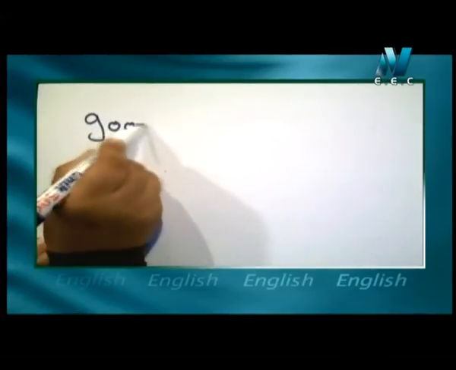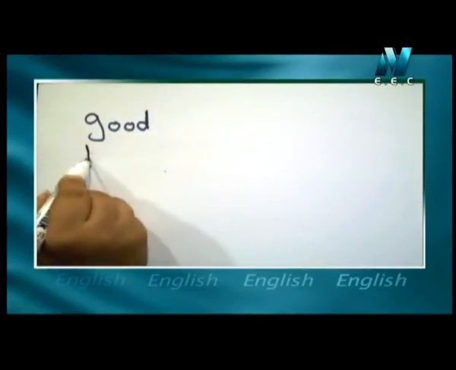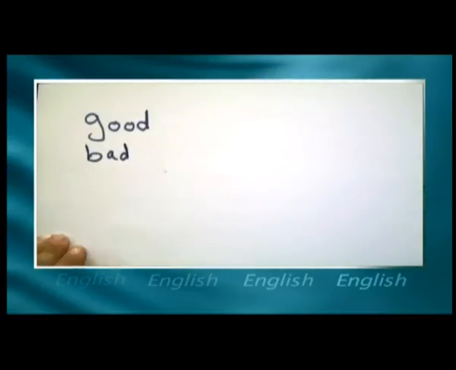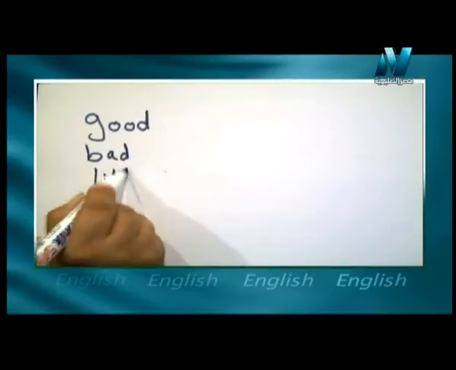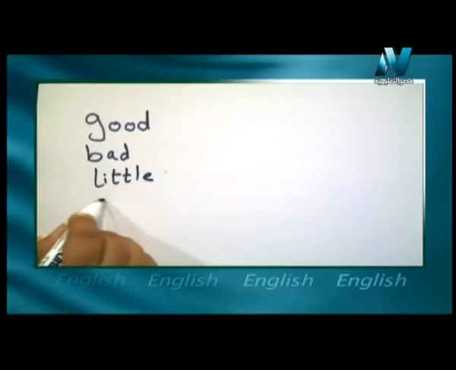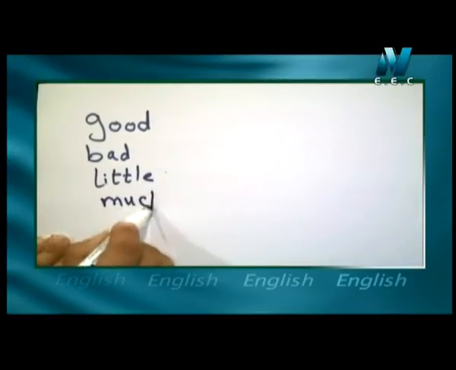Okay. We have some adjectives we cannot form in the comparative or superlative form the same way, like adding er or est to the adjective. What are these adjectives? They are good, bad, little, much, and far.